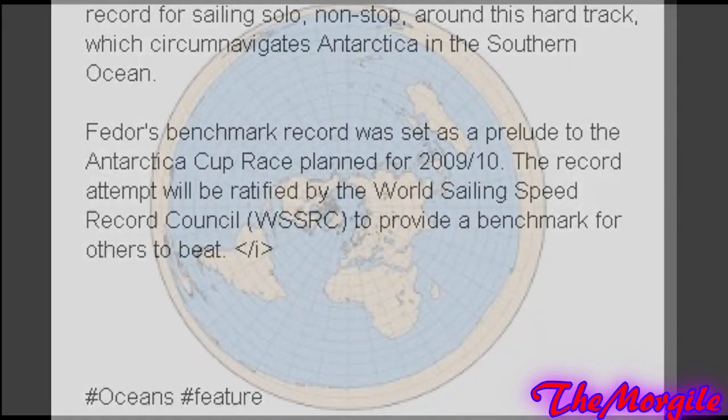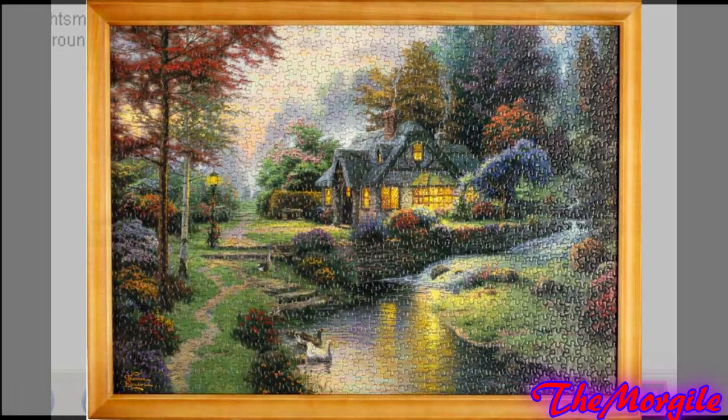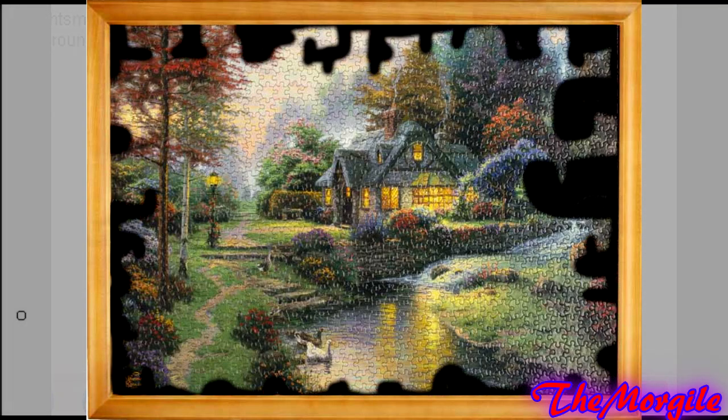Again, without the edges of the puzzle, it's very difficult for us to have a quote unquote working flat Earth model.